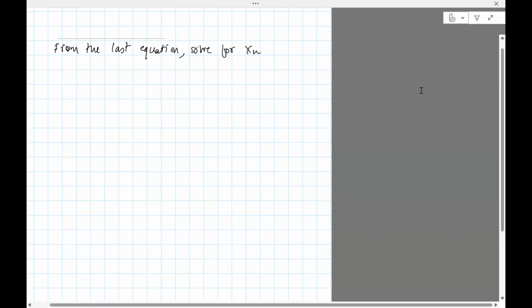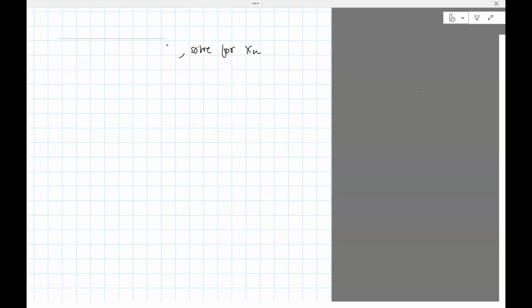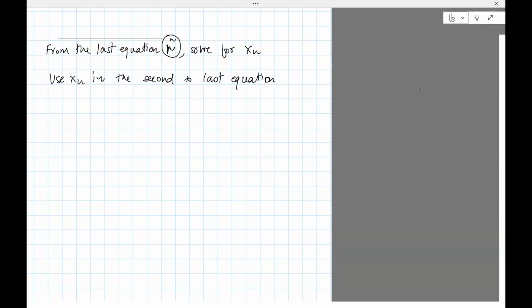From the last equation, solve for xn. Use xn in the second to last equation, n minus 1. If you're getting confused with this, ignore this.